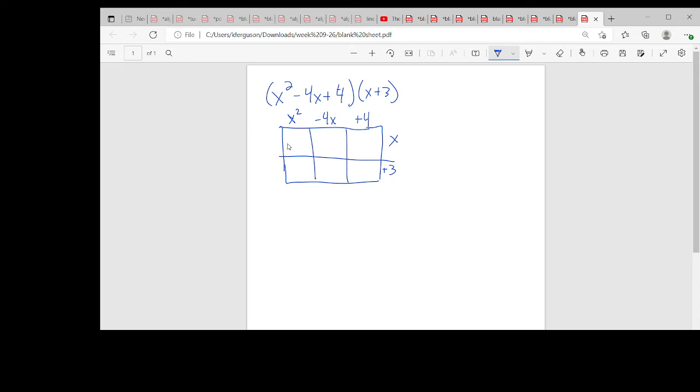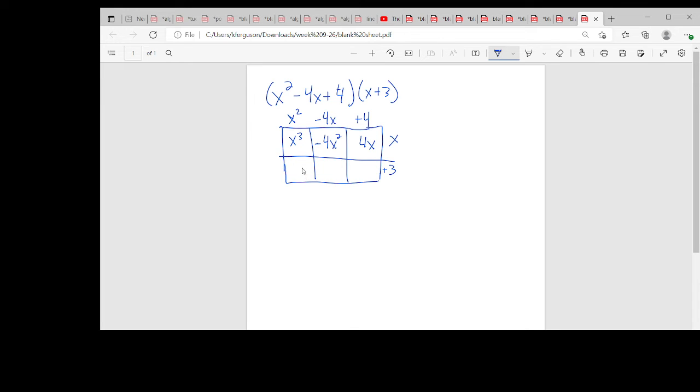And then I just multiply every box. Every box, I multiply what's on top and what's on the side. X squared times x, that's x to the third. Negative 4x times x is negative 4x to the second. And then 4 times x is 4x. So anybody got any questions on that first row?